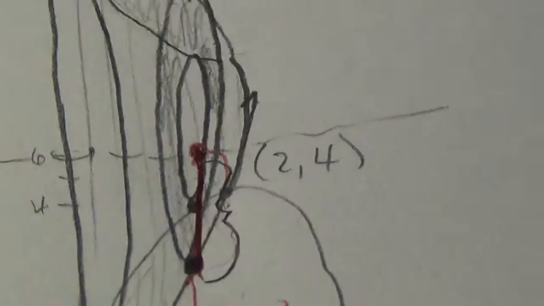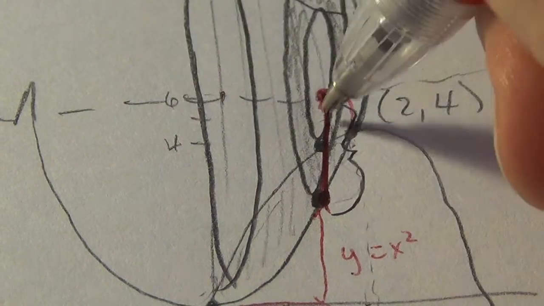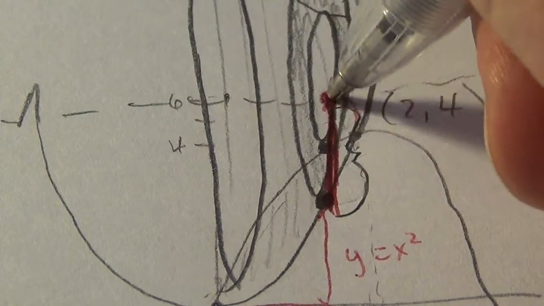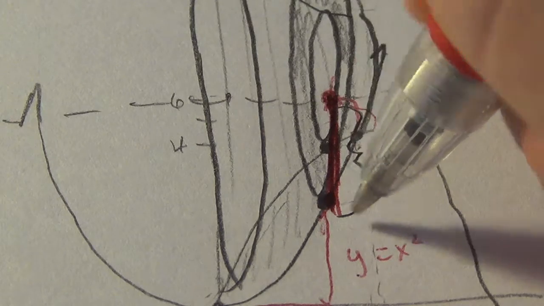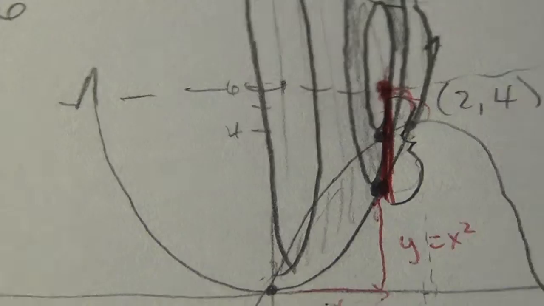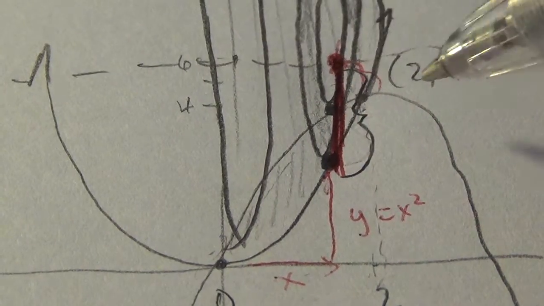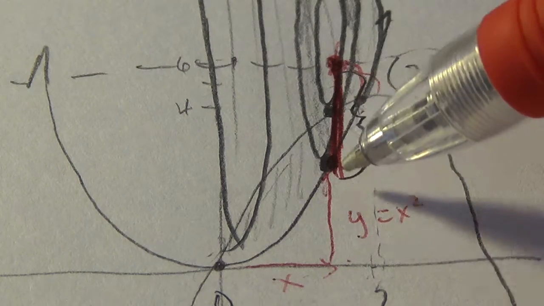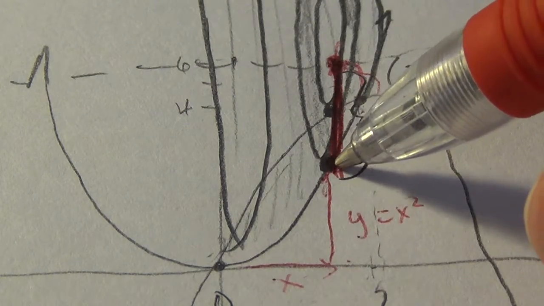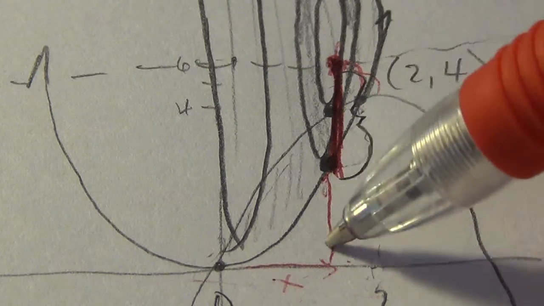Trying to add some color here. Stabilize this for a second. The red is from here to here, and I'm trying to show you with this brace. So what can I call that? Well, I notice that this line y equals 6 goes from here to here, and this point goes from here to here.